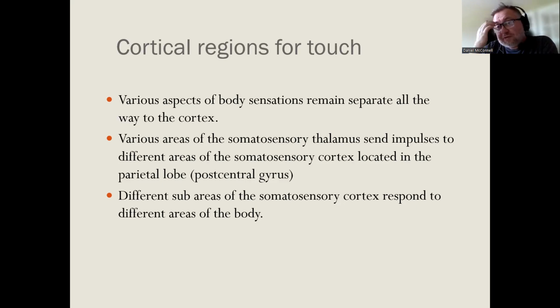But what's important also to say about this is that the size or amount of cortical regions that are given to different body parts here are not proportional to the size of the body part. You might think, okay, your back or your legs are some of your larger body parts, so that would get more cortical processing, right? But it turns out it's not about the size of the body part as much as it is the sensory sensitivity of that body part.